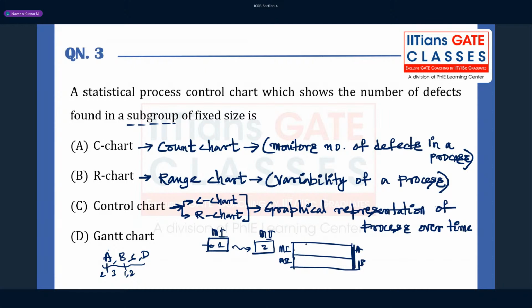Okay, so product A will take 2 minutes, and after product A's 2 minutes only, B will start, right? Sorry, on machine 2 it's 3 minutes here. So when product A is doing its machining on machine 1, machine 2 is free.